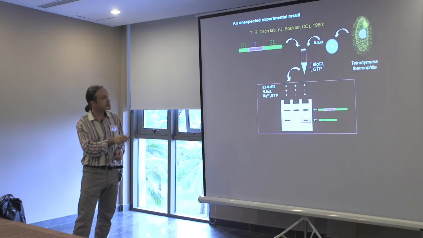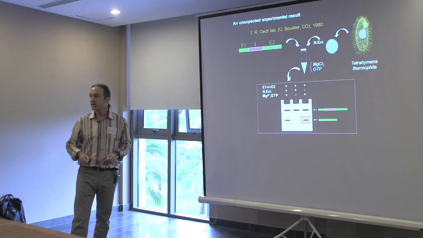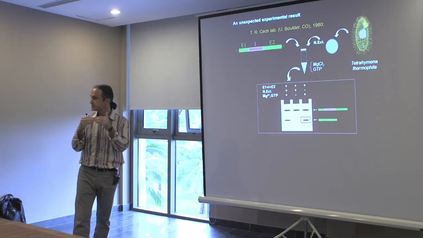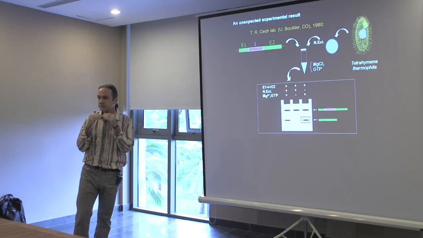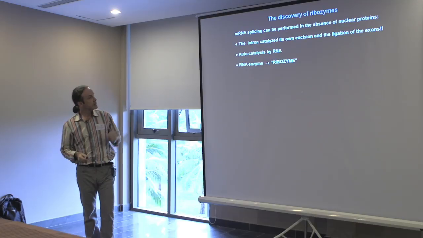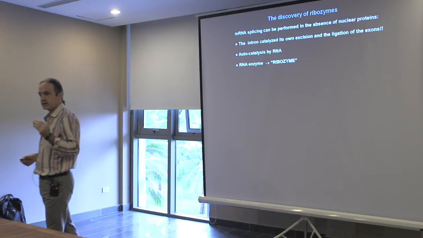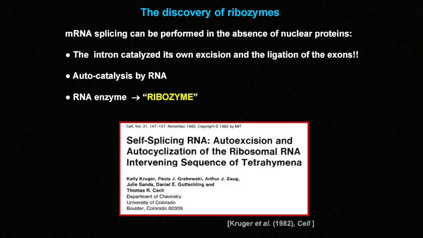But in the absence of proteins, the intron was able to cut itself and to bind the exons. This is wonderful. This was a discovery telling that in some cases RNA has the information required to perform a biochemical activity in the absence of proteins.